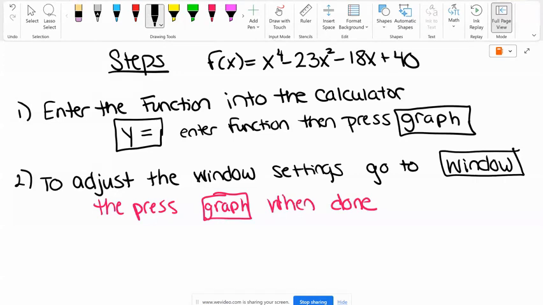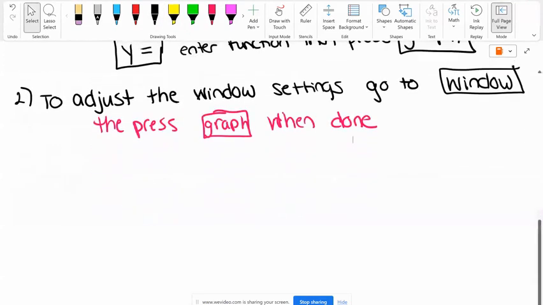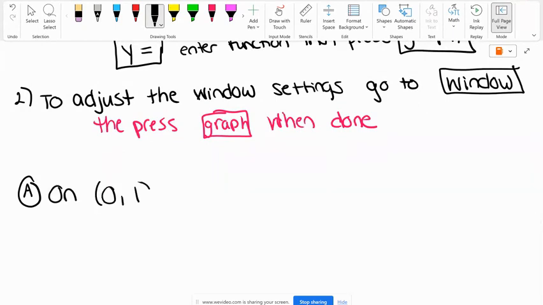All right, so now we're getting to our first question. On the interval of 0 to 1, is the graph increasing or decreasing?